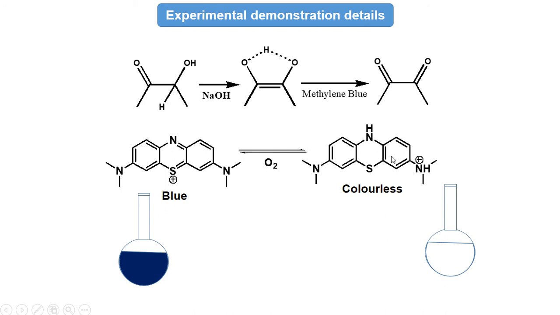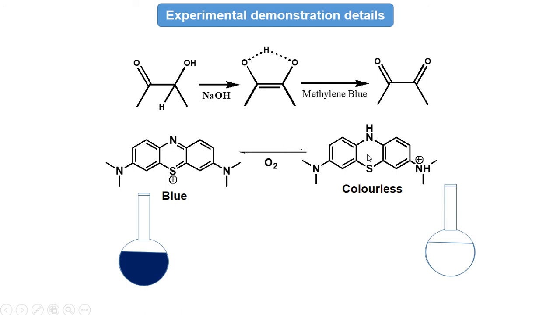On the other hand, in this form of that dye, between this ring and this ring there is no conjugation. That means due to the presence of this single bond and this single bond, these two systems are not in conjugation.